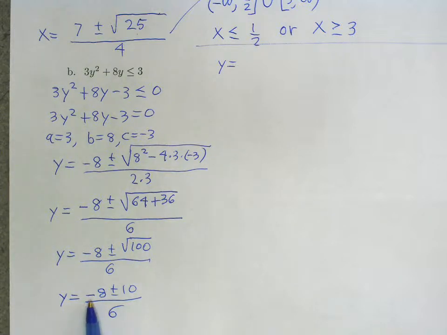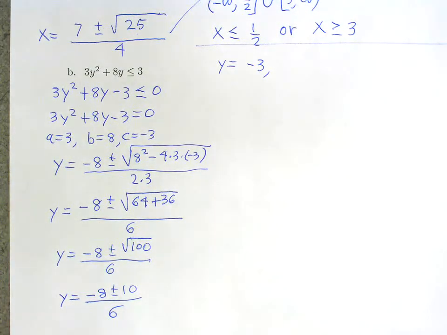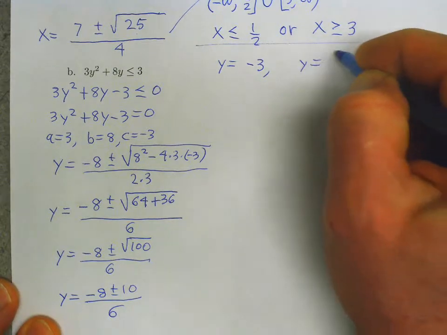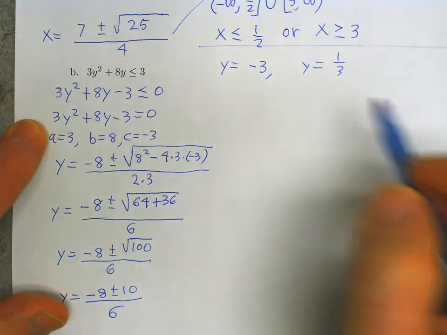The first one, -8 minus 10 is -18, and -18 divided by 6 is -3. So -3 is one of the endpoints. And then the other solution, -8 plus 10 is 2. 2 divided by 6 simplifies to 1/3. So 1/3 is the other endpoint.